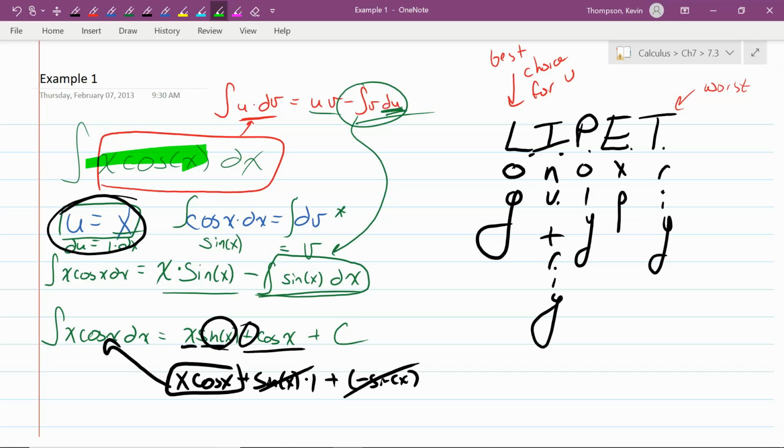Like if I say take the derivative of some inverse trig function, aren't you much happier to do that than if I said find the antiderivative of an inverse trig function? In fact, we don't even know what the antiderivative of the inverse trig function is. If I say find the antiderivative of a logarithm, you actually don't know what that is. Do you know why? It takes this method to find it. So the choices for u are the things we're going to take the derivative of. So that's why we're going to make those decisions.